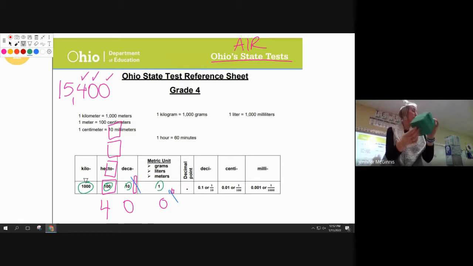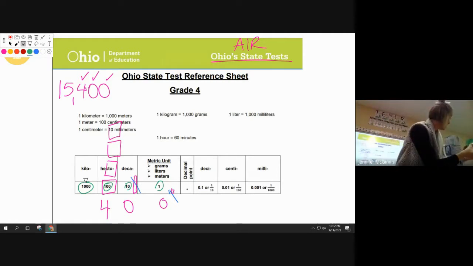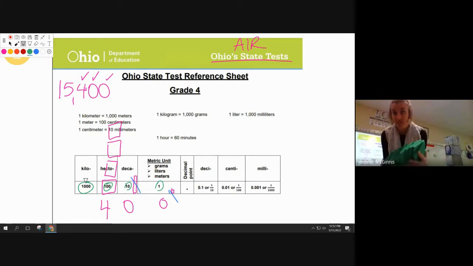This is a cube. We have 10 hundreds. We put them together, and that makes a cube.